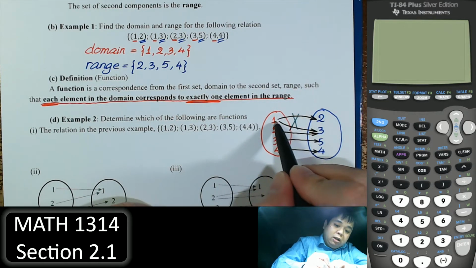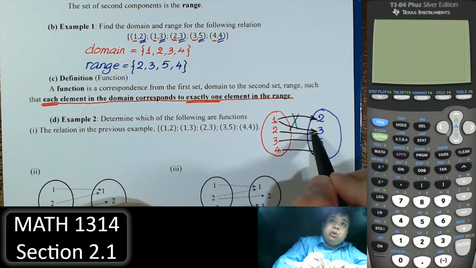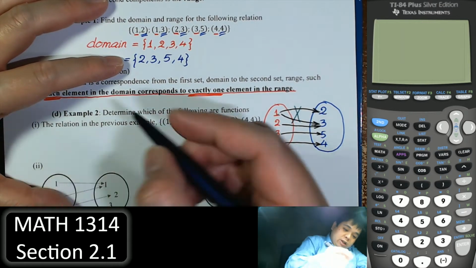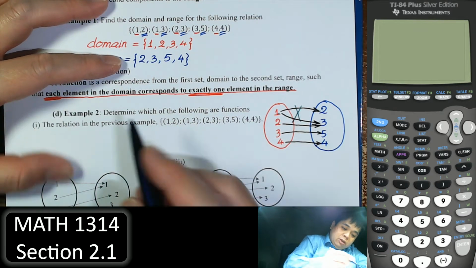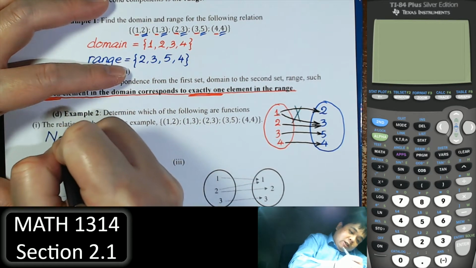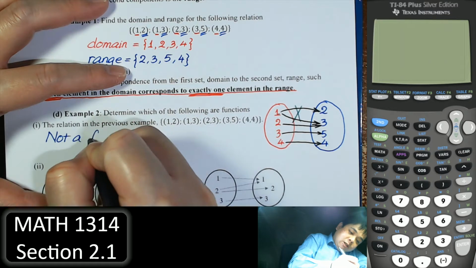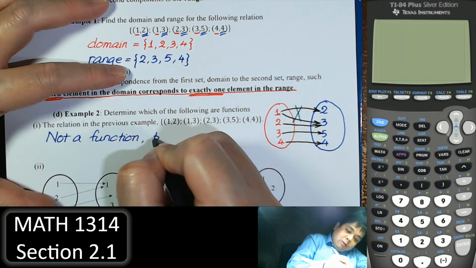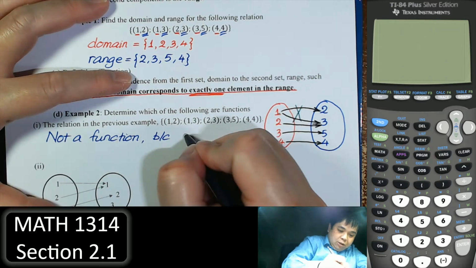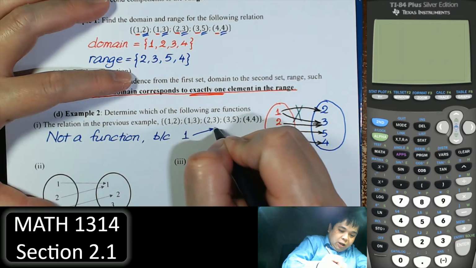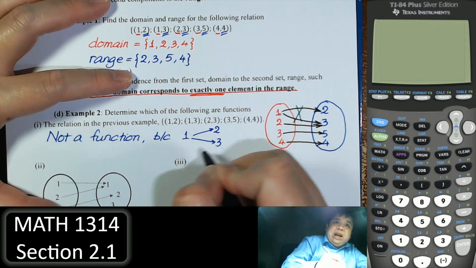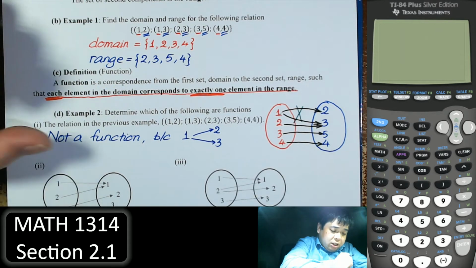So the answer is no. I'm just going to say 1 corresponds to 2 and 3. We cannot have that. So it is not a function.